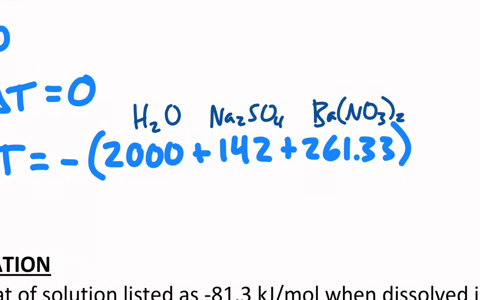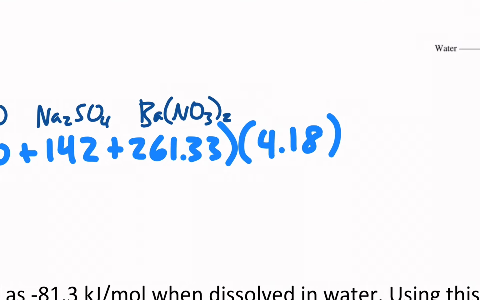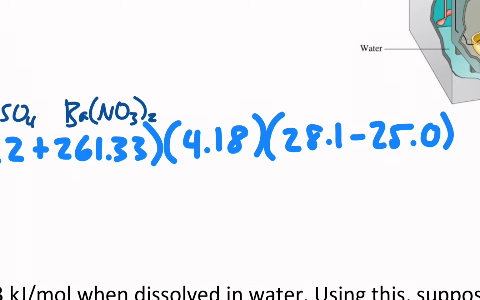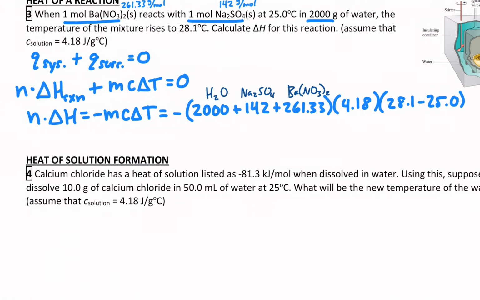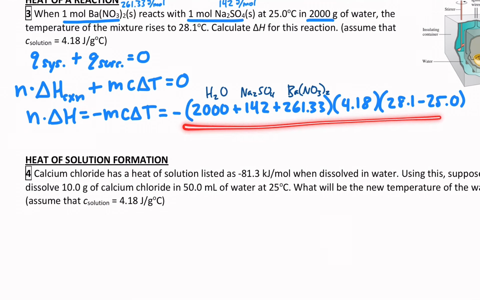And it says in the question, assume that the specific heat of the solution is the same as that of water, so 4.18. And the reaction heats up. It goes from 25 to 28.1, so final minus initial looks like 3.1 degrees Celsius. And it looks like I have two unknowns, n and delta H, equal to all these terms.